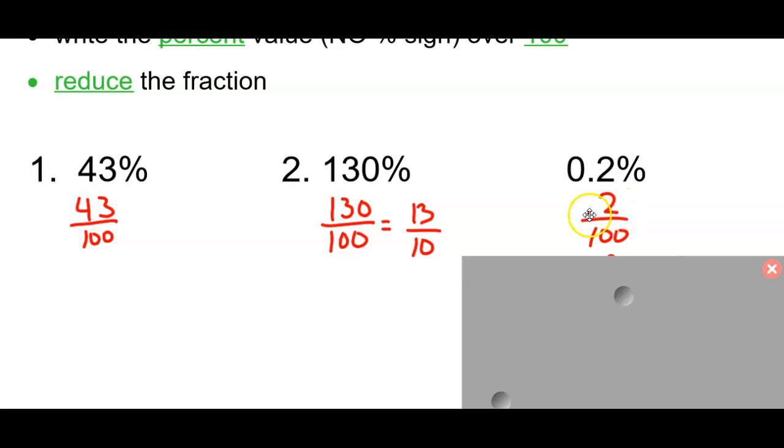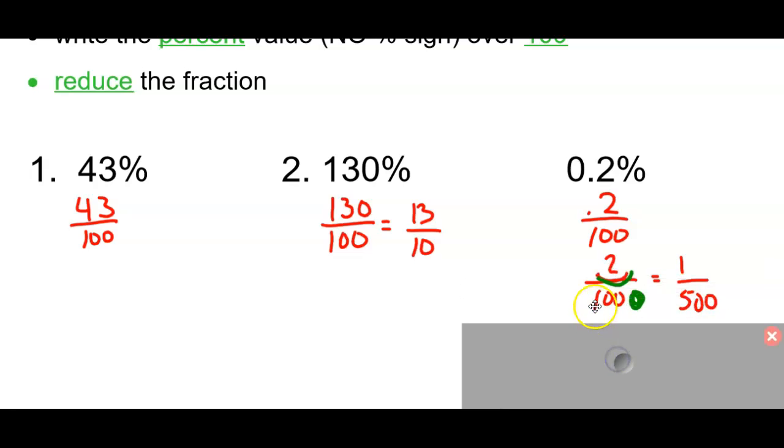When I move this decimal over, I have to add a 0 down under the 100. So it becomes 2 over 1,000, and that's going to be equal to 1 over 500 when I reduce both the top and the bottom by dividing both by 2. Okay, so that's a little tricky. Pay attention to that. Use your notes.